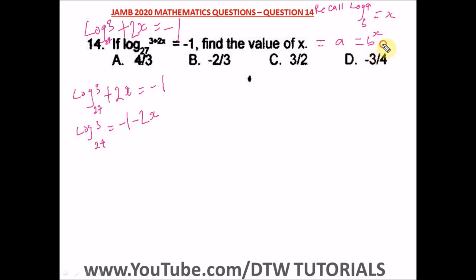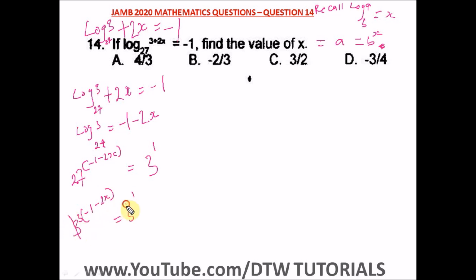So this is the ideology of exponential indices. So judging from this, you can now say that we have 27 raised to the power of minus 1 minus 2x equals 3 to the power 1. So we find the initial form of this, same thing as 3 to the power 3 bracket minus 1 minus 2x close bracket equals 3 to the power 1.